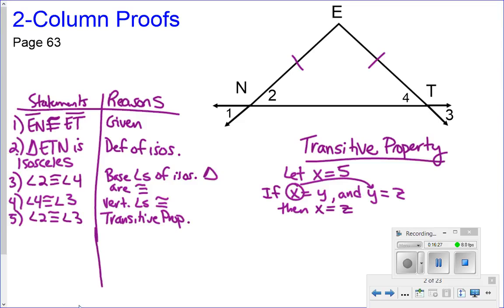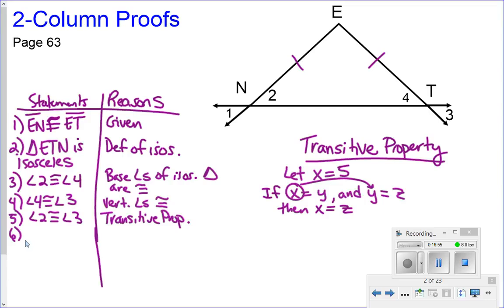Okay. Similarly, now that we have 2 with 3, I can state what I know about 1 and 2. And I'm going to be careful with my order here because I have 2 and 3 and I want to relate that to 1.